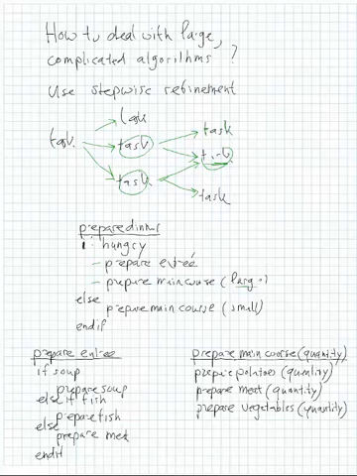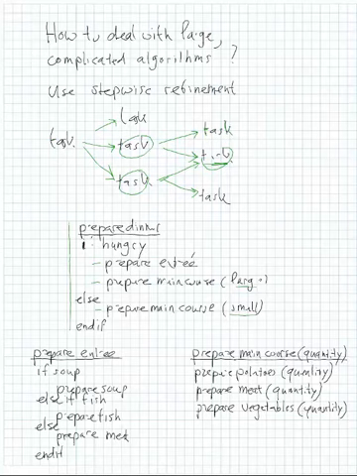Otherwise, if I'm not hungry, then I'll just prepare a main course, and that main course can be small. So you see, I've left out the details of how the entree should be prepared and how the main course should be prepared. These are subtasks that I specify in a separate algorithm.